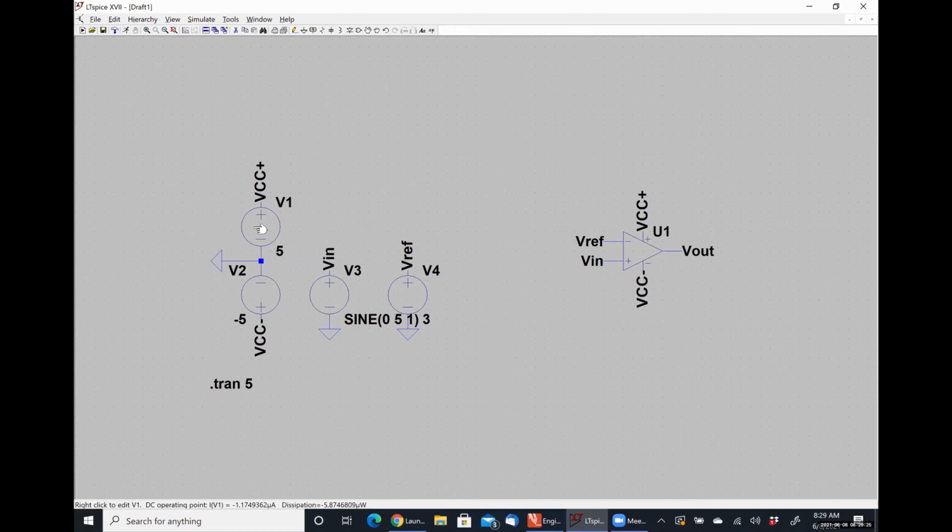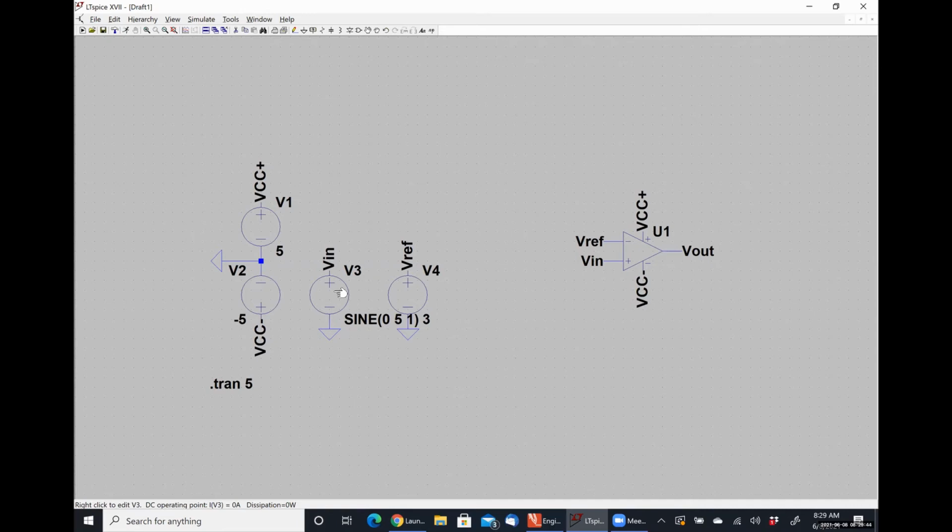Over here on the left-hand side, I have my power supply voltages set up. For my input voltage source, which is this one labeled V3, by the way, everybody on Zoom can see LTSpice, right? Yes, sir. Okay, great. So I'm using a sinusoidal voltage.